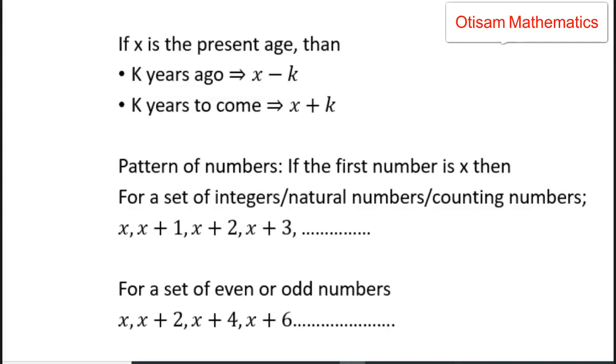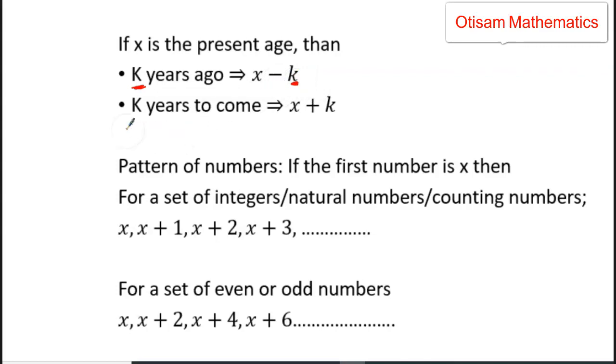Now the next part is sometimes you may be asked to find the present age if the previous age years ago and so on and so forth. So I'm going to give you the guidelines when you have such problems. So if X is the present age, then when we talk of K years ago, so K years ago is the present age minus years past.